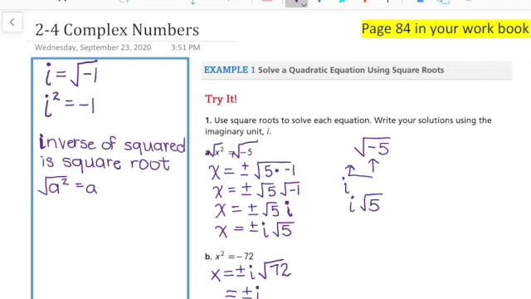So I want to think about what is the highest perfect square that could be used.